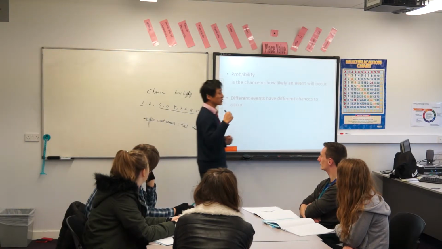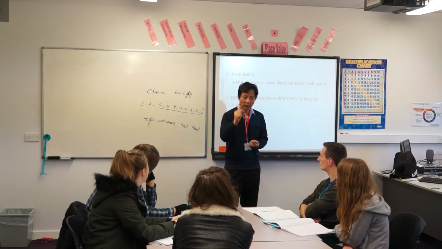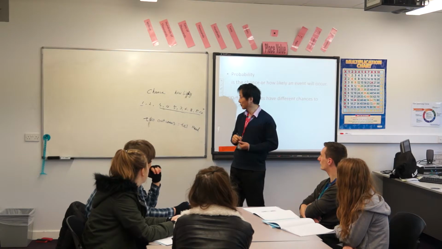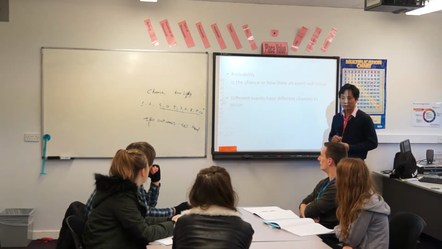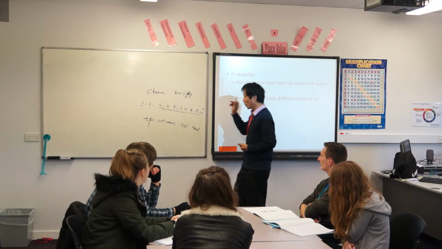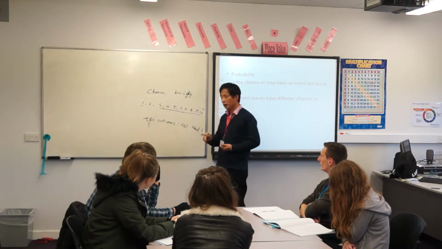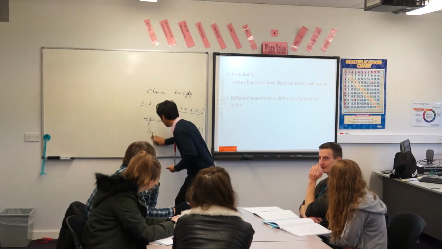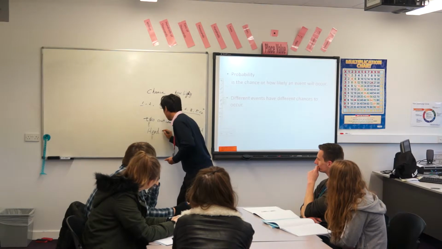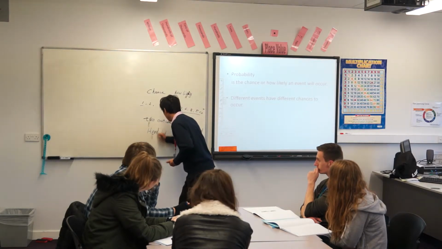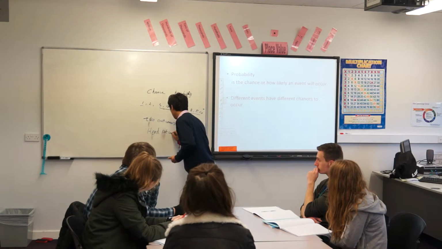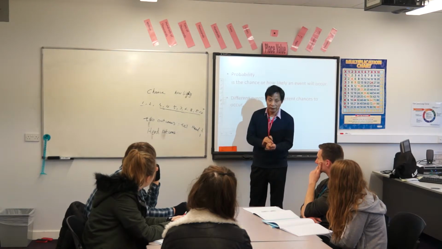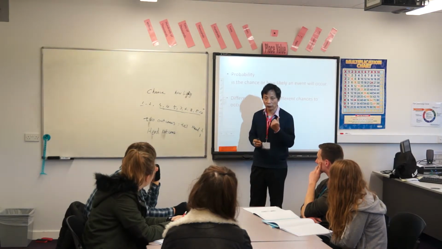But if I'm particularly looking for a head, what is the chance to get it? Totally, there are two outcomes, but to get a head, that's only one, because we can only have one head.